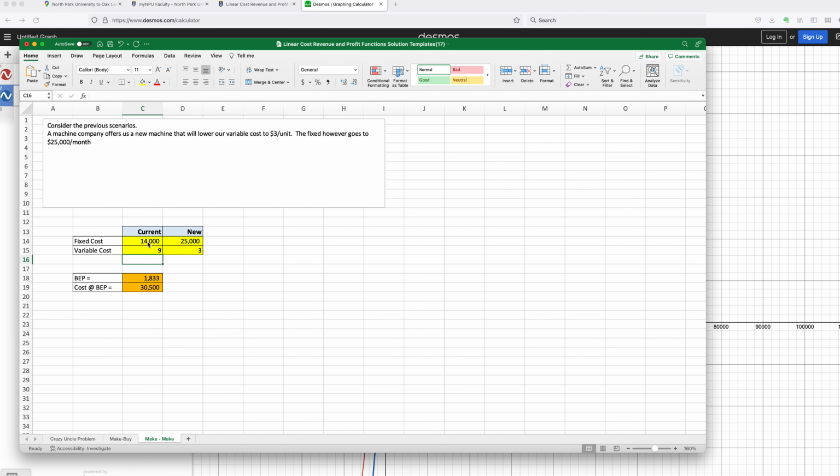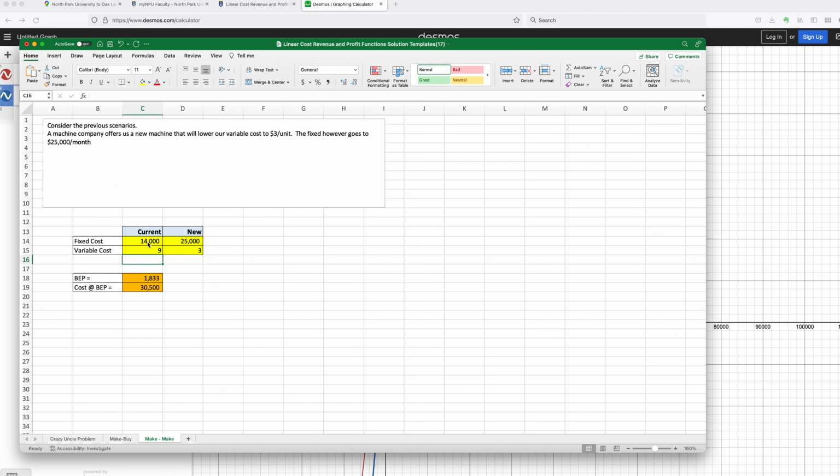So if I make less than 1,800 of these a month, it's more advantageous for me to make them myself. But if I make more than 1,800, it's more advantageous to buy the new machine.